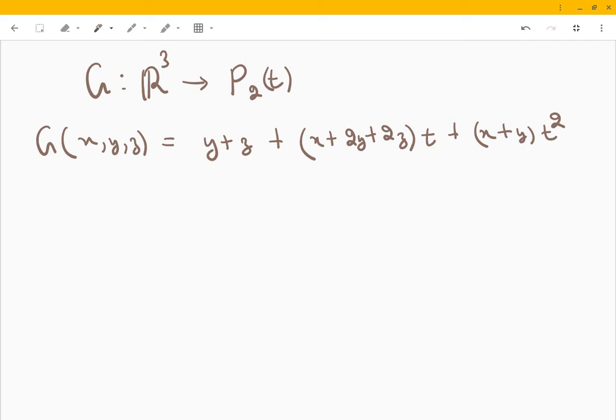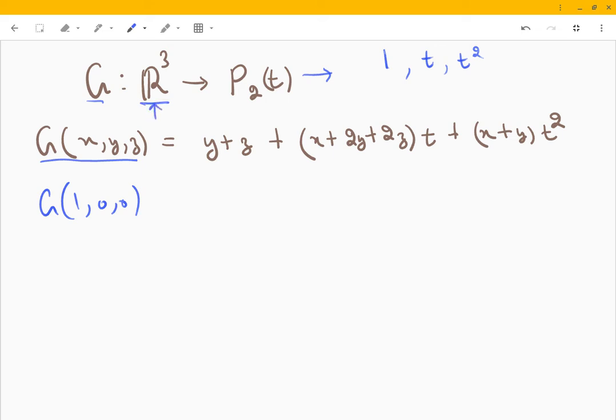You know the dimensions of a polynomial space: 1, t, and t squared, right? So this is what this linear transformation is doing. Let me just take a quick example. 1 0 0 is a basis vector for our domain.